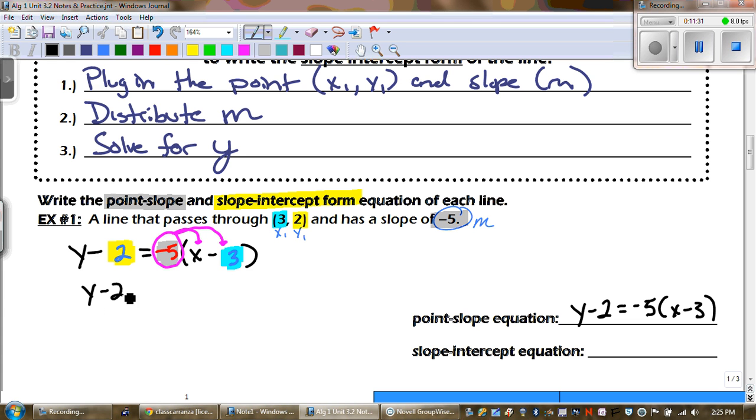We get y minus 2 equals -5x. -5 times -3 is a positive 15. Okay? And to get the y by itself, we have to add 2 to both sides. And we get y equals -5x plus 17.